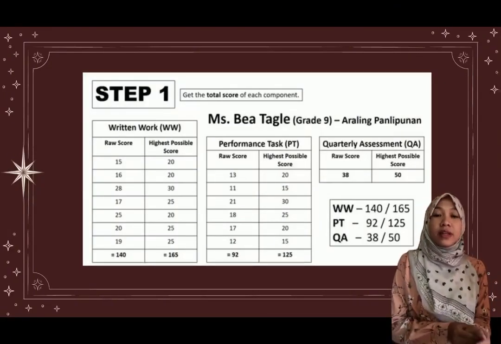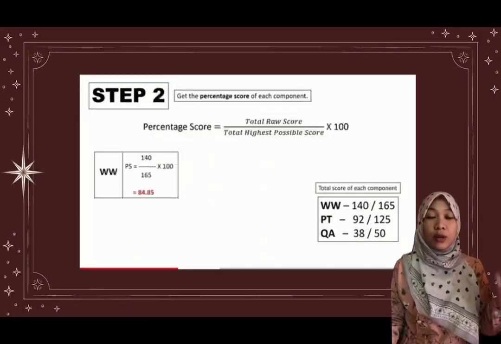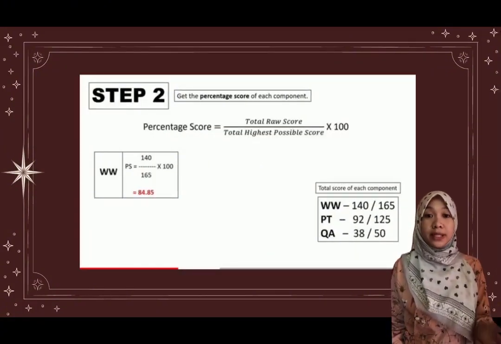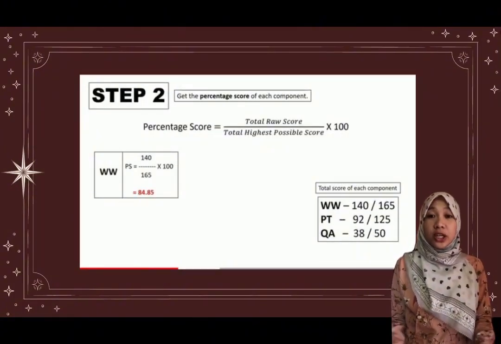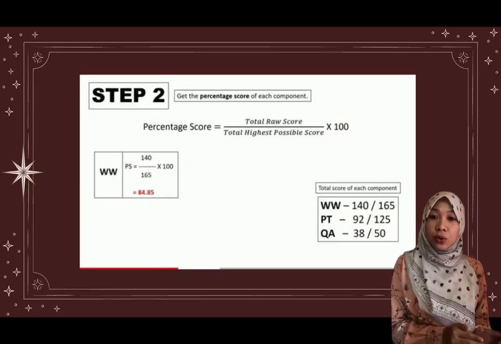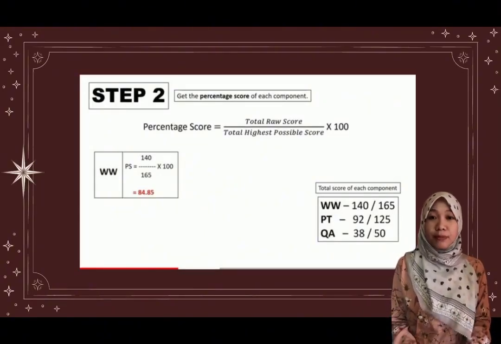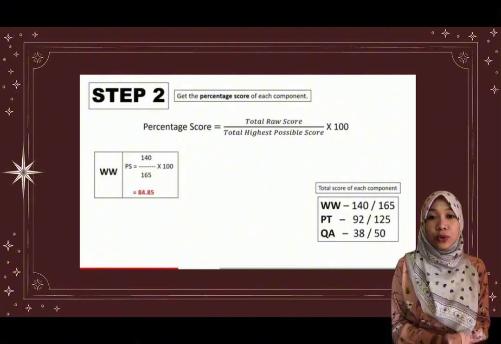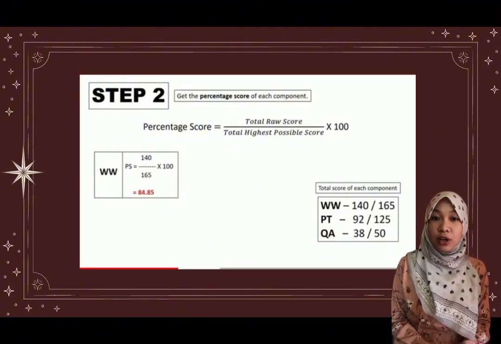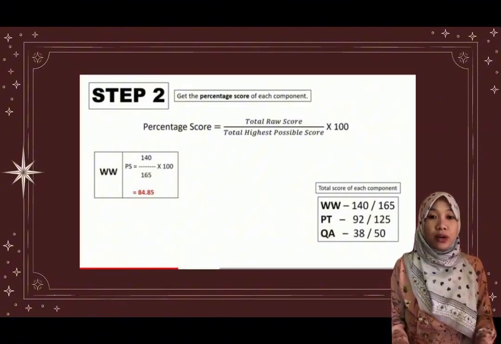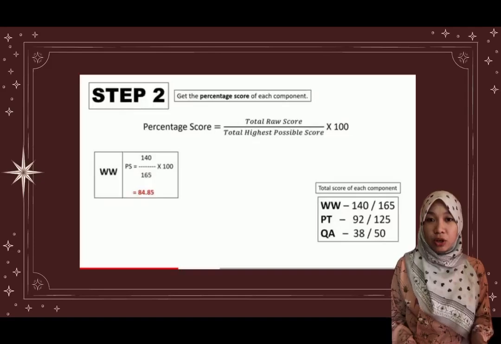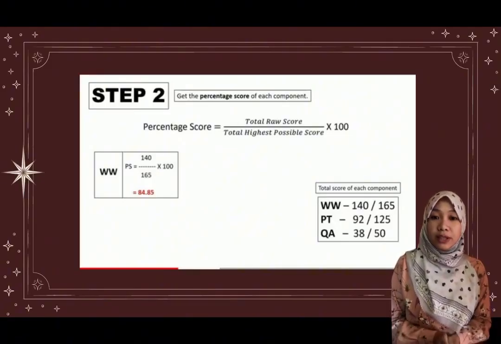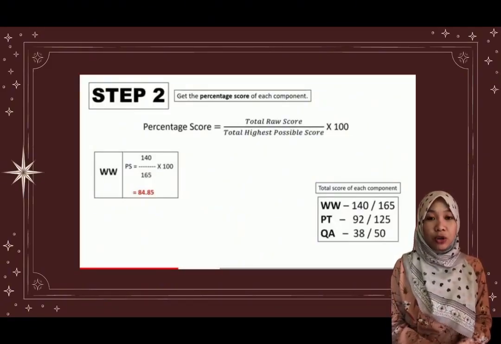Okay, step 2: we are going to convert to percentage. Change the total score to a percentage. After we get the total score of each component, we are now going to get the percentage of each component using the formula for the percentage score.